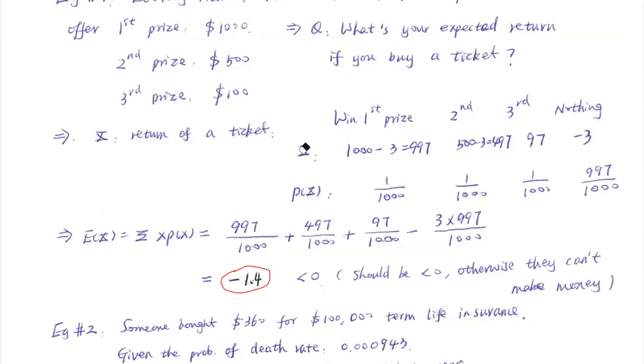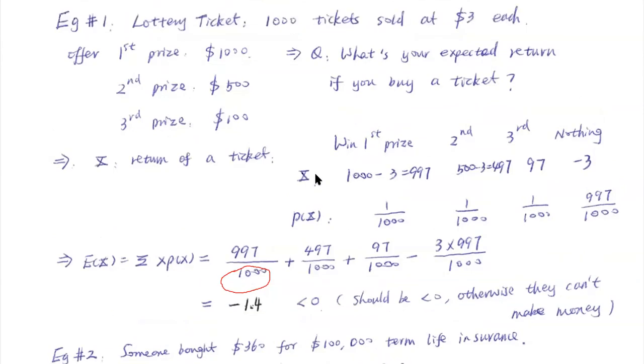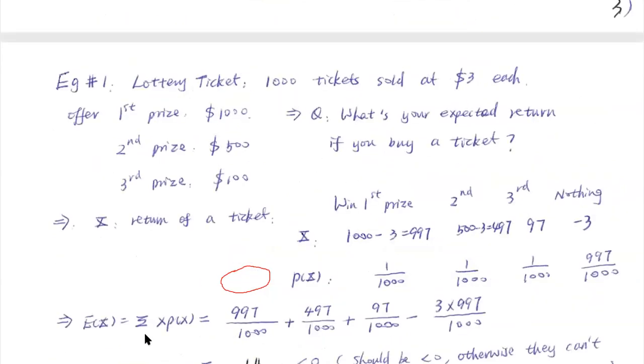So how much money they are going to make is 1.4 multiplied by 1,000, which is 1,400. As long as they can sell those 1,000 tickets, they are guaranteed to make $1,400.